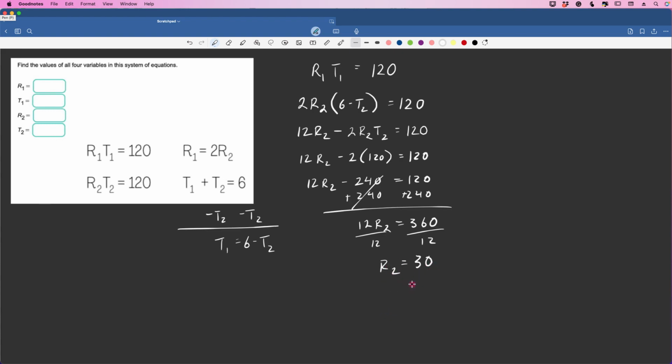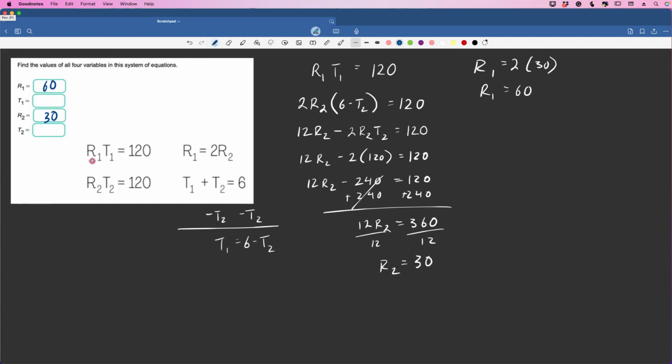So then from there you would sub everything back in. So if R1 is 2 times R2 and R2 is 30, then R1 is 60, right? So R1 is 60 and R2 is 30.